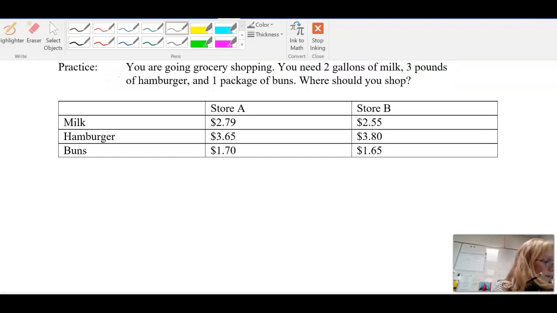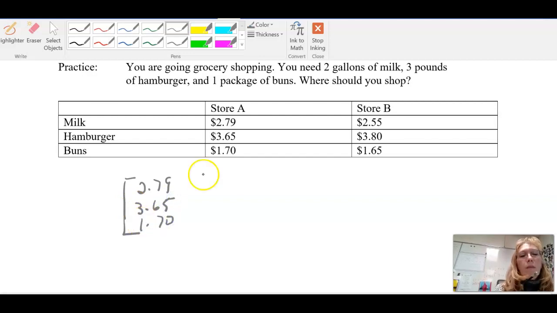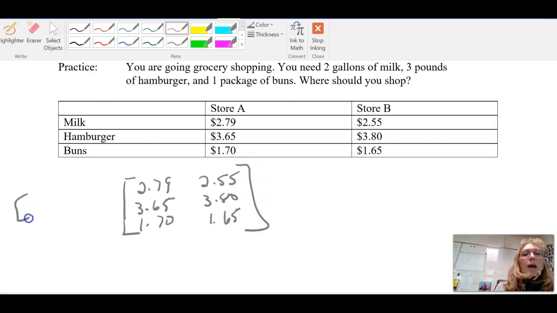Okay, your turn. Let's see how you do with this. First step should have been to write this down in matrix form. Okay, now how much do we want to buy?